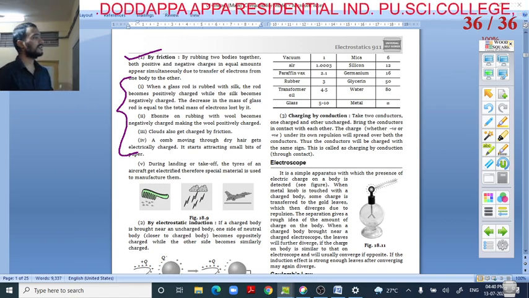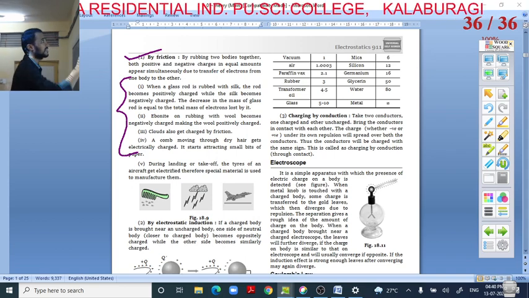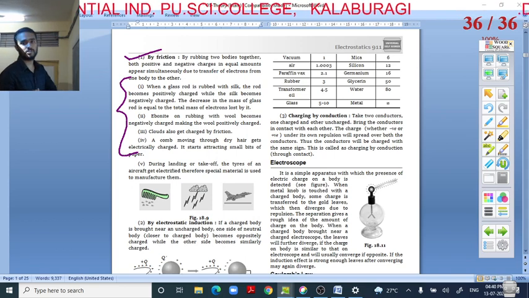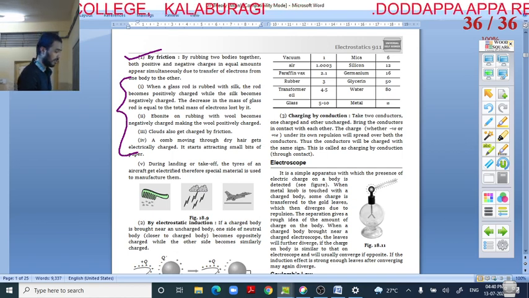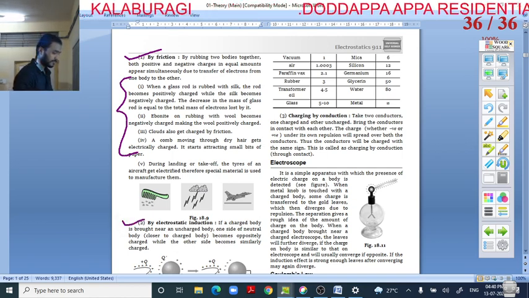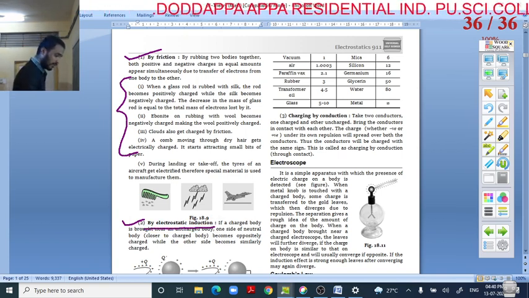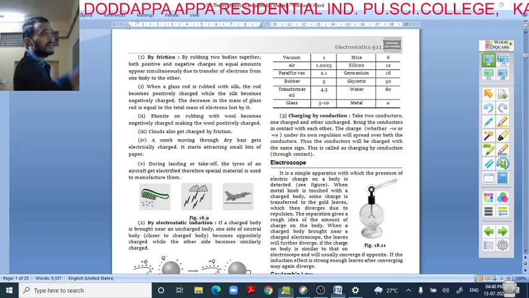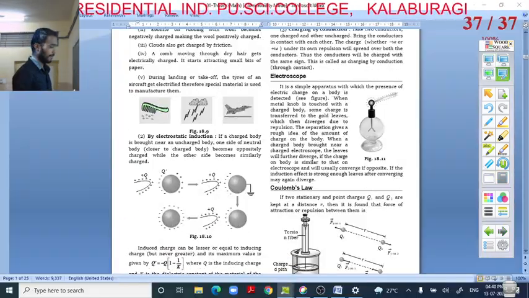These are the basic things, I am not going to concentrate much. Next, this is charging by friction. Everyone knows how we can charge a body by friction. And next is charging by induction. By a similar process, we can charge the body.